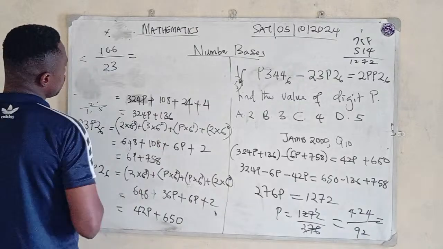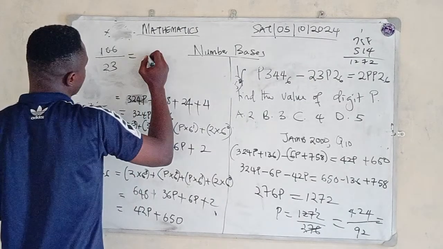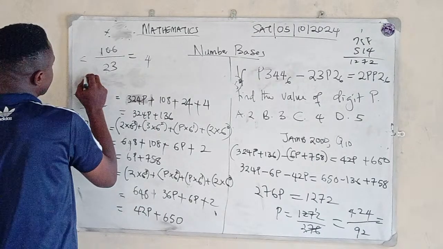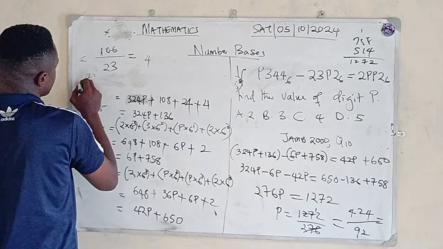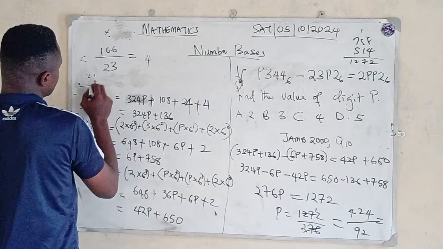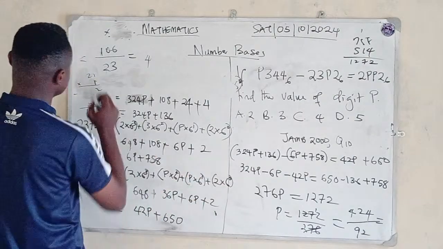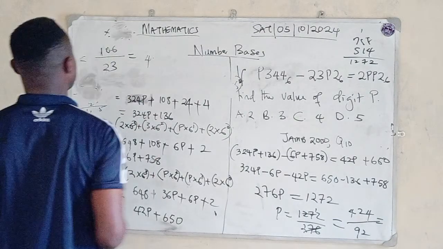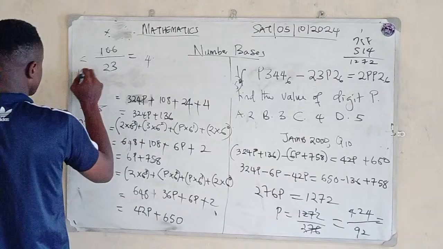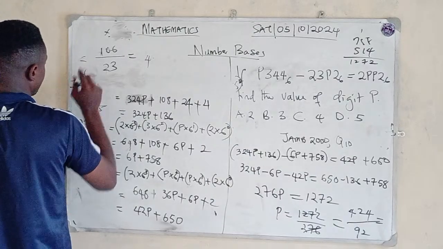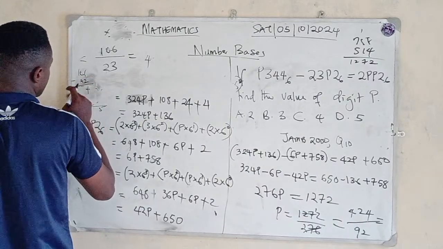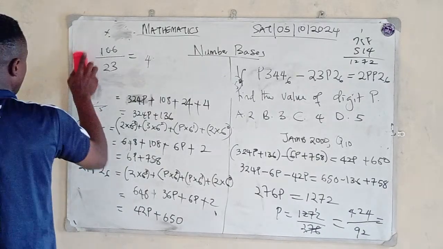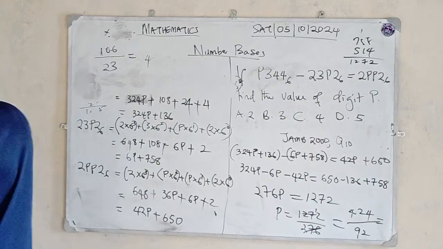We have 4. 4 times 23 is 92. 106 minus 92 is 14. You multiply by the base we are working on. We are working on base 10. 14 times 10 is 140.